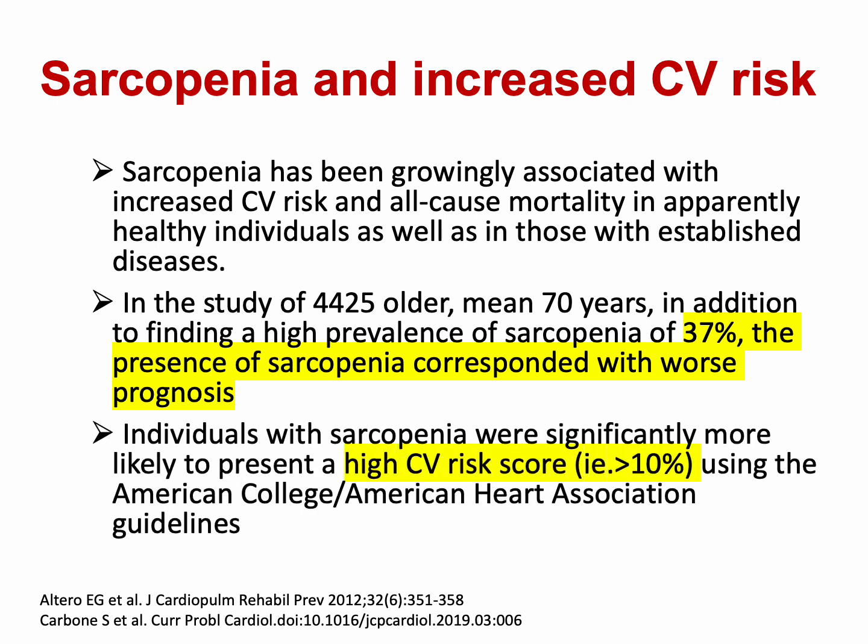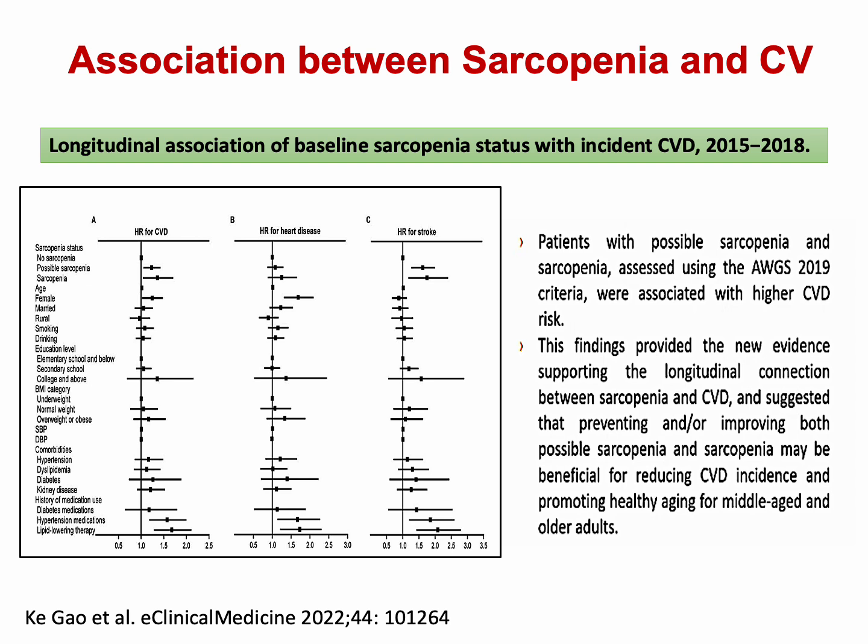Individuals with sarcopenia were more likely to have a high cardiovascular risk score of more than 10% according to the American Heart Association guidelines.